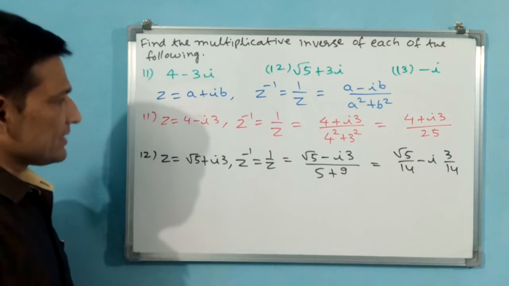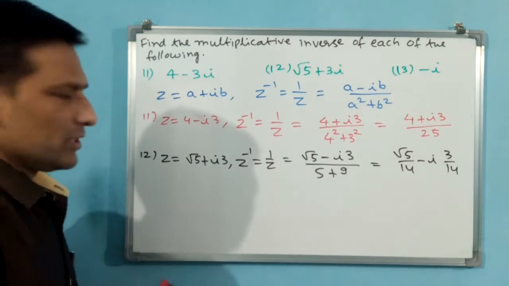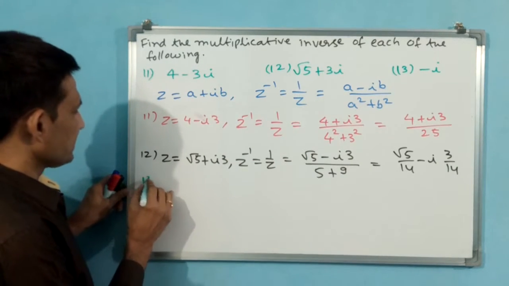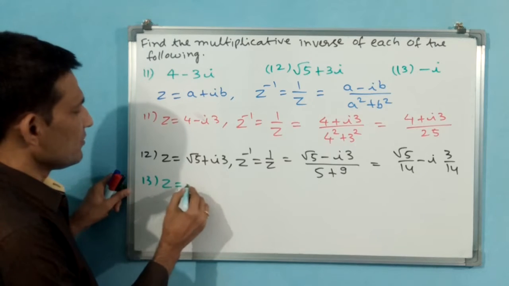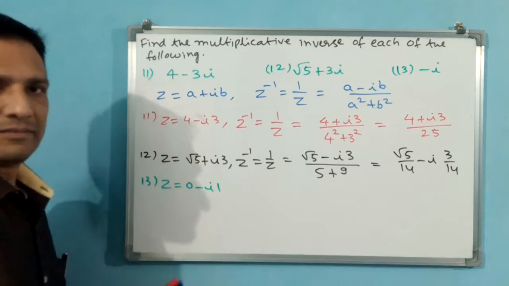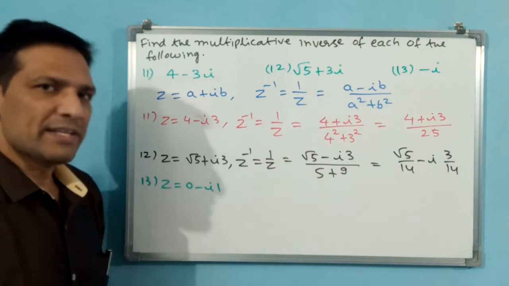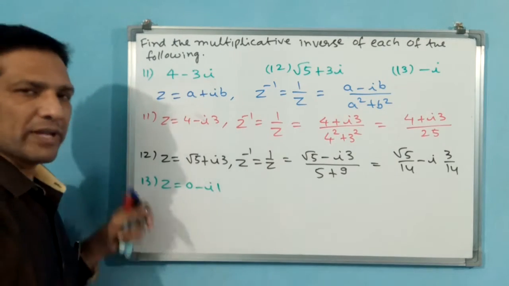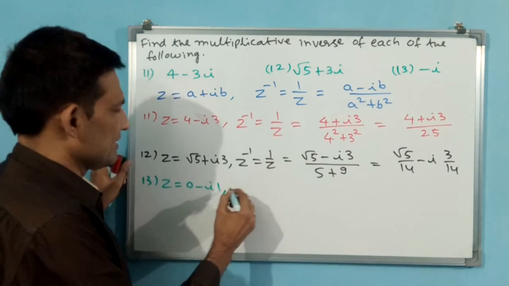Now let us see the 13th question. Z is equal to 0 minus I1. Minus I means 0 minus I1 only. Like this you have to take it for calculation purposes.